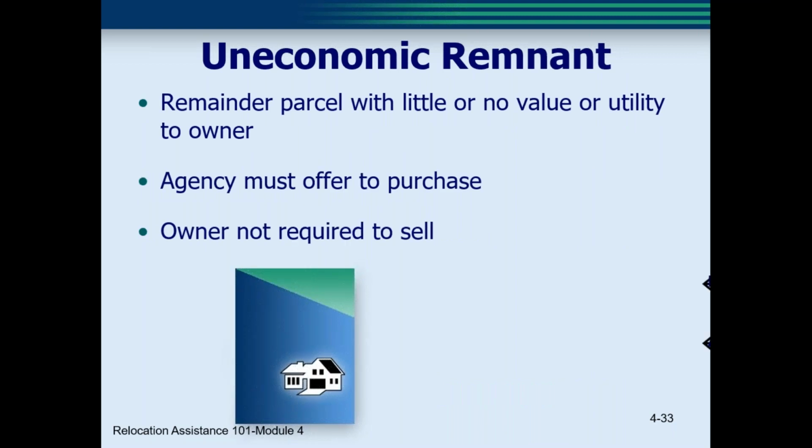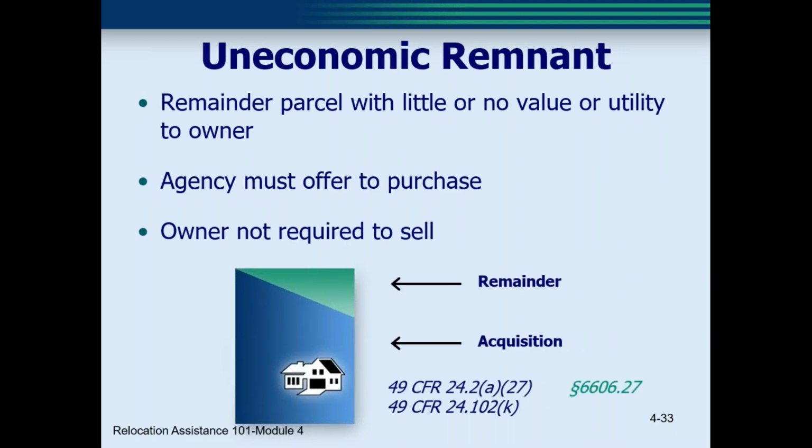Here's another situation where you might need to use a typical home site computation. Partial acquisitions sometimes result in small parcels of land being left that we commonly refer to as remainder parcels.